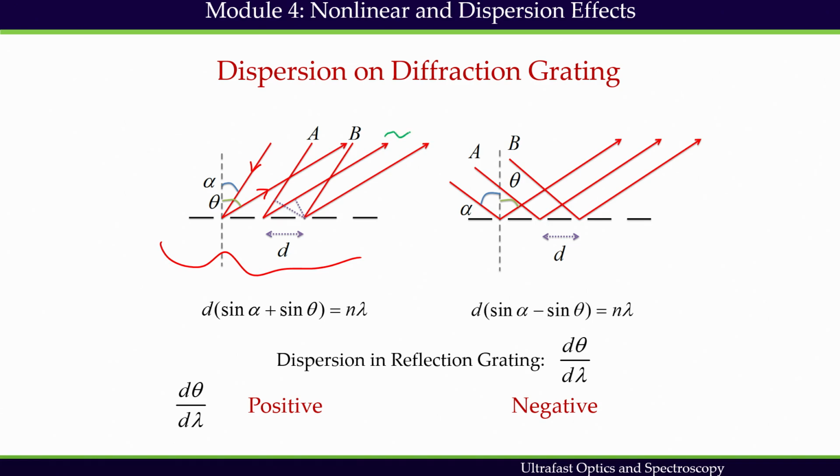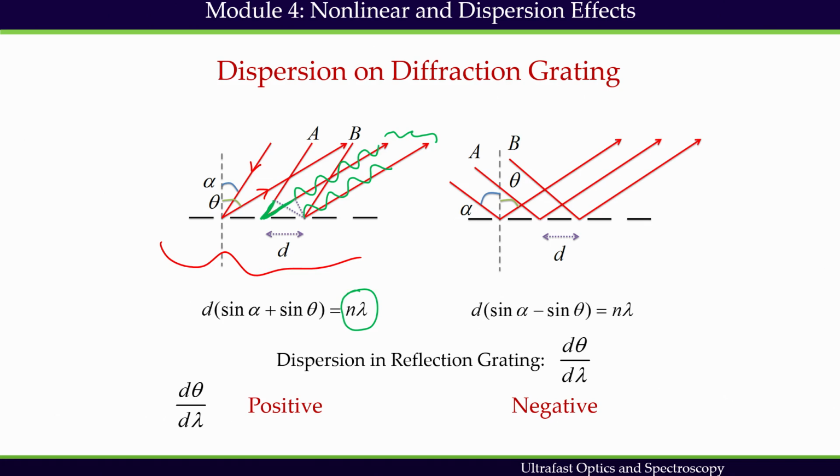These two beams can interact constructively, I can have constructive interference, only when this extra distance traveled by A has to be n lambda to have that constructive interference.